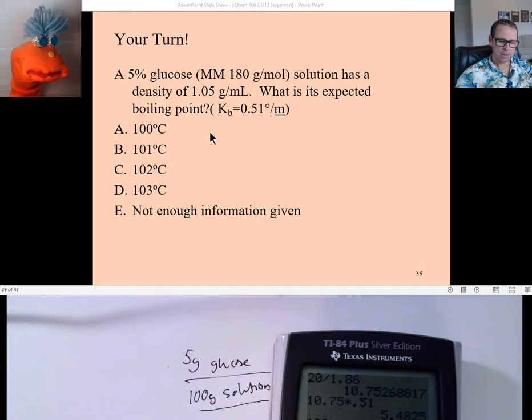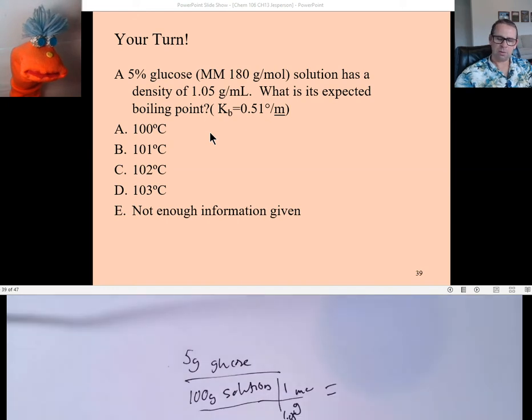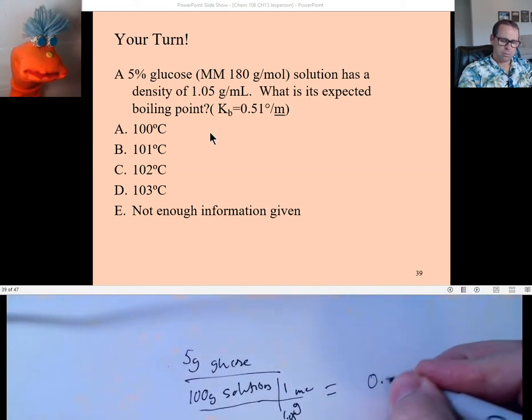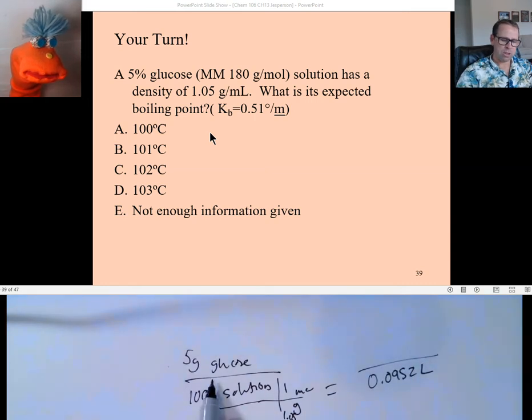And that is how many milliliters, or if I divide that by 1,000, that'll give me how many liters. So 0.0952 liters of solution. Now I just need my grams into moles to get it into molarity.